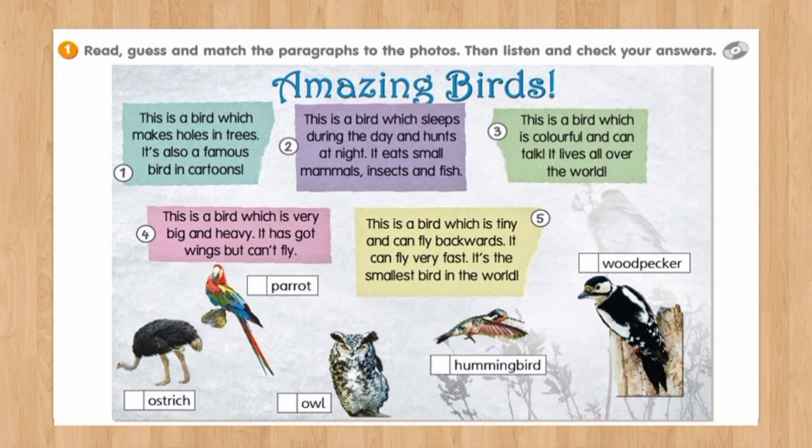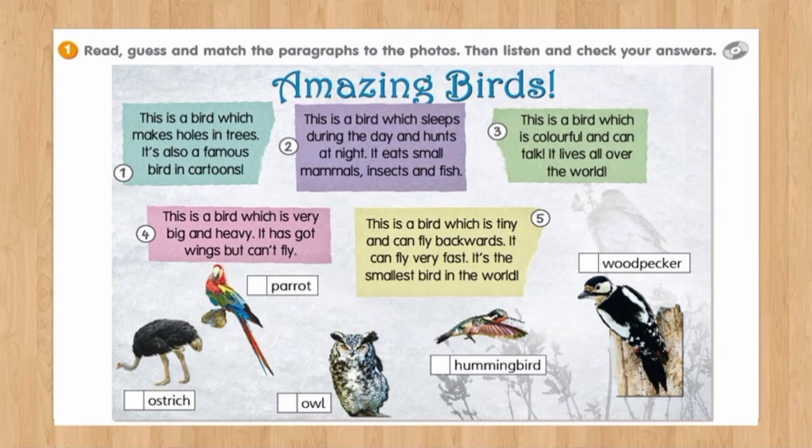This is a bird which makes holes in trees. It's also a famous bird in cartoons. 2. Owl. This is a bird which sleeps during the day and hunts at night. It eats small mammals, insects, and fish.